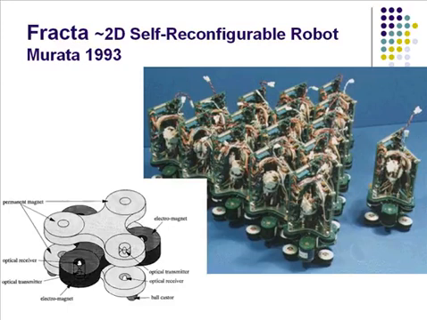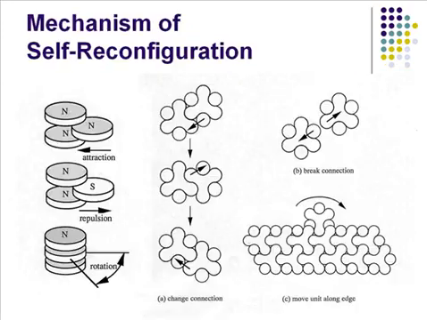So here is the mechanism of self-reconfiguration. These are the permanent magnets of one module, and this is the electromagnet of the other module. So they are connecting here by the electromagnet. But if the polarity of the electromagnet is reversed, then this connection is disabled.